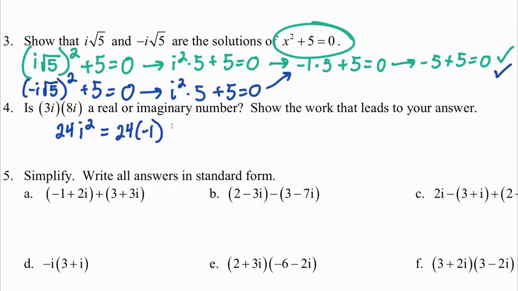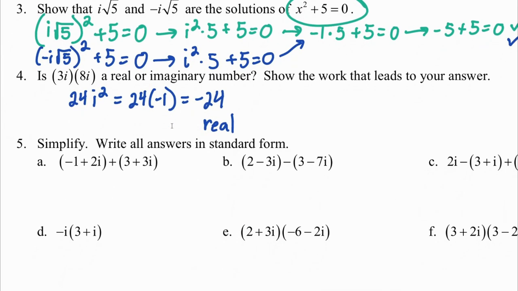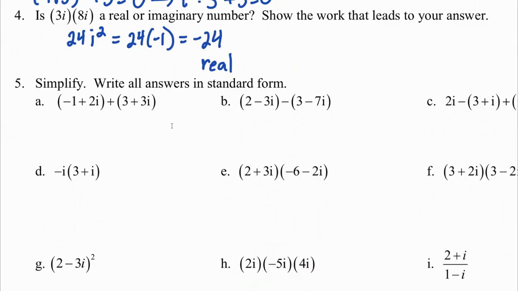So 24 times negative 1 is negative 24. Now, is that a real or imaginary number? Well, that one is real, right? There's no i attached anymore. So sometimes we can use i to get it to kind of cancel, and then we're left with a nice real number. So we kind of need i in order to hold a place to get back to a real number.